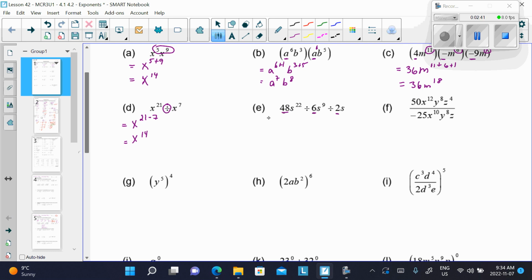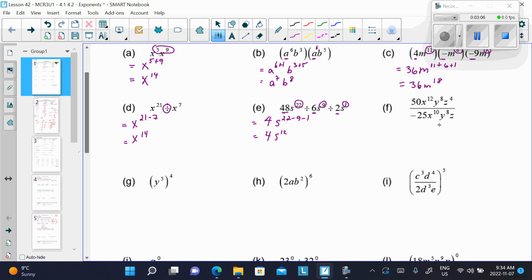And then for the exponents, it's 22, subtract 9, and then subtract 1. Which is going to give me 4s to the 12.